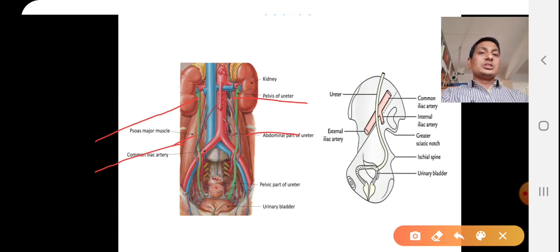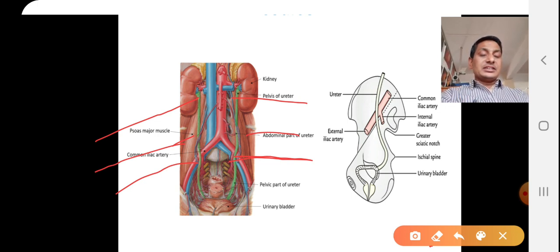On this muscle the ureter lies, directed downward and medially, and enters the pelvis by crossing the termination of the common iliac artery. From this point it starts as the pelvic part.